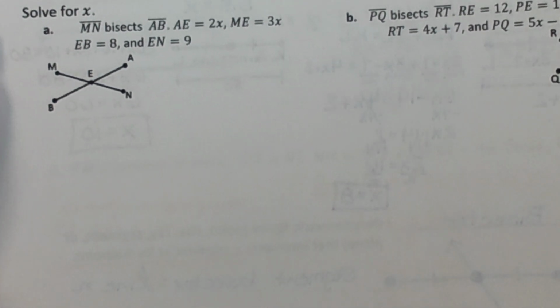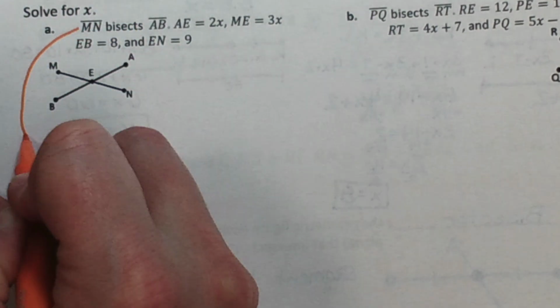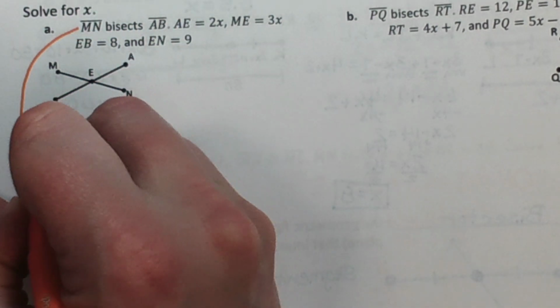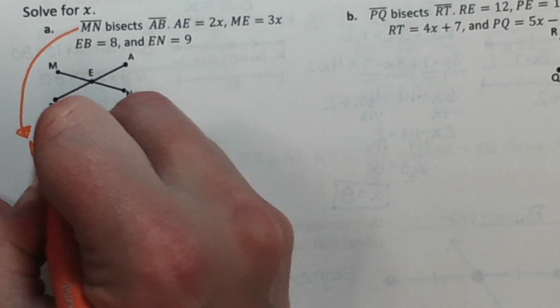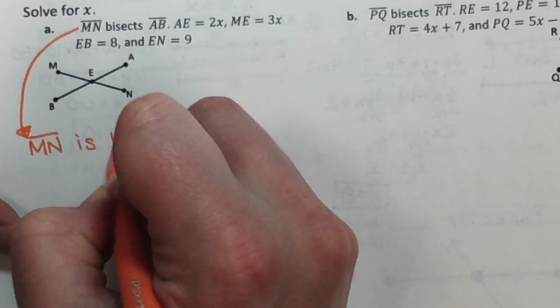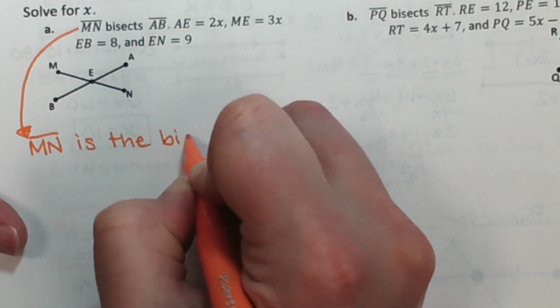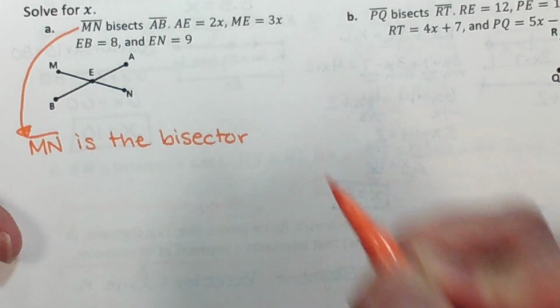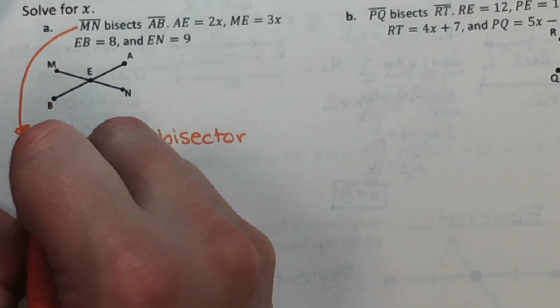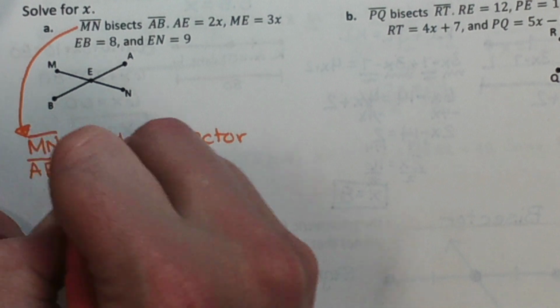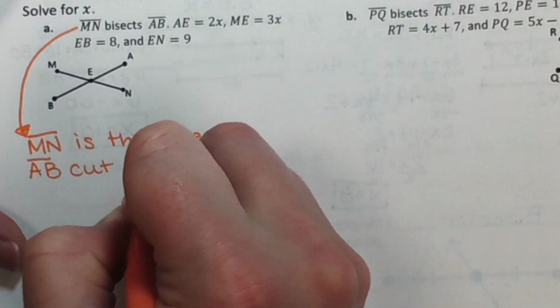People tend to get the wrong one. MN bisects AB. When it says MN bisects AB, that means MN is the bisector. You don't have to write this every single time. I'm just writing it for this first one so we have it in our notes. It also means that AB was the one that was cut in half.